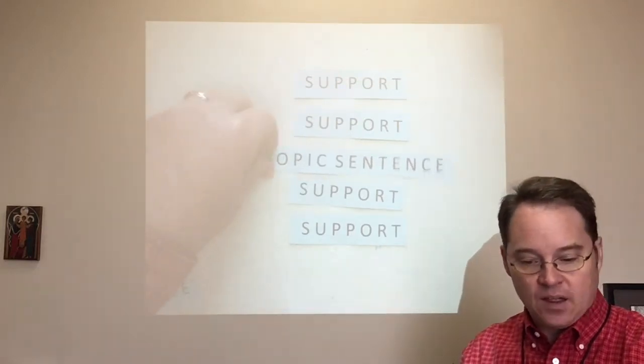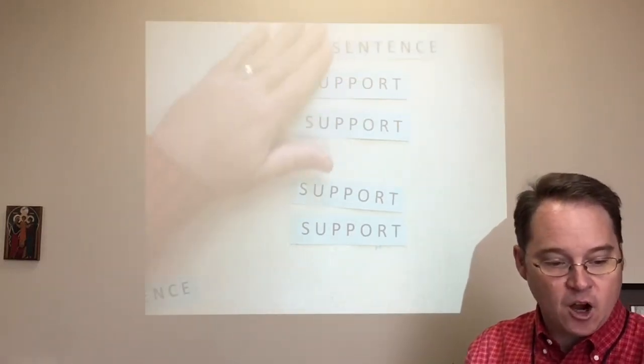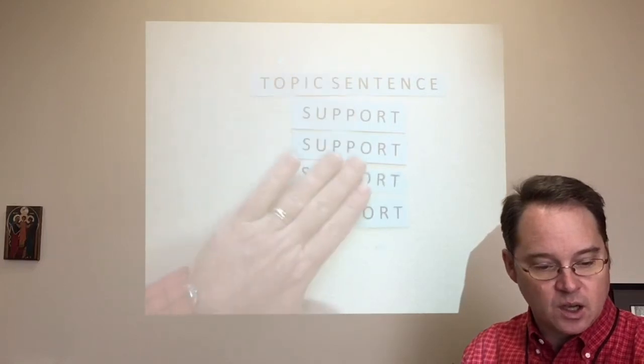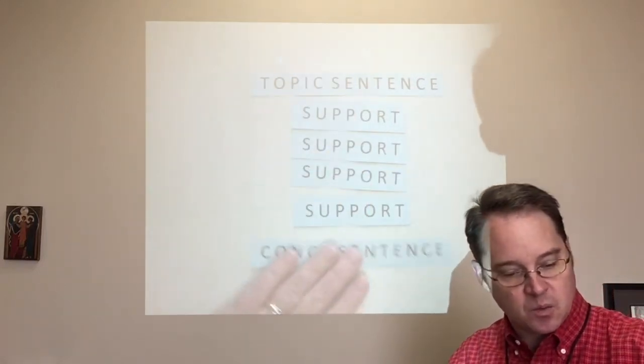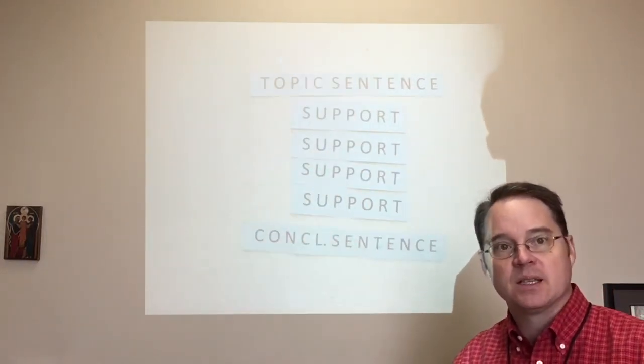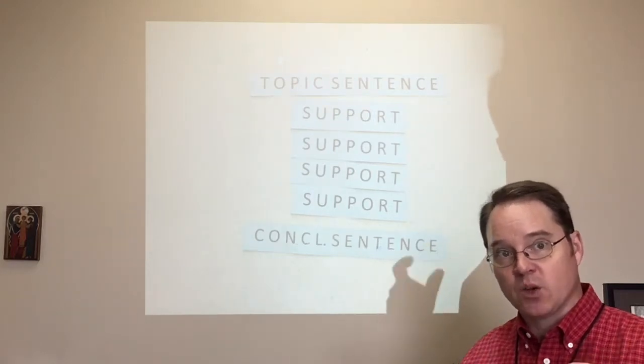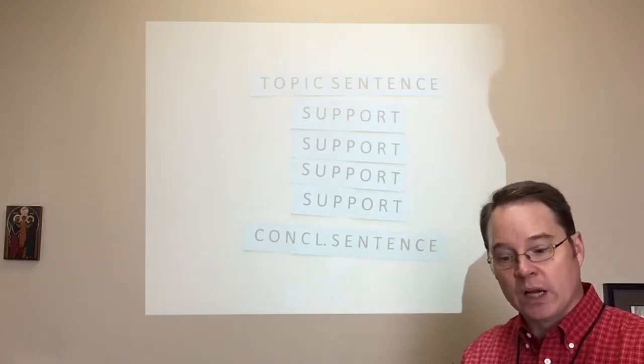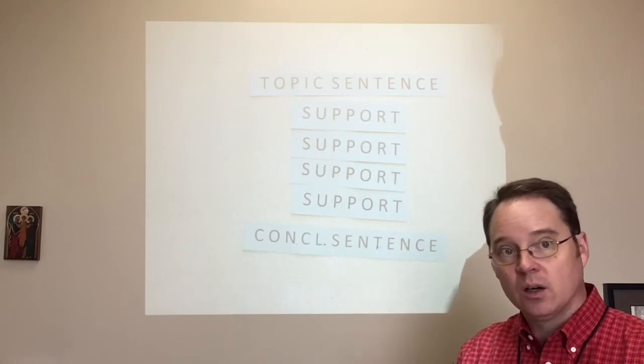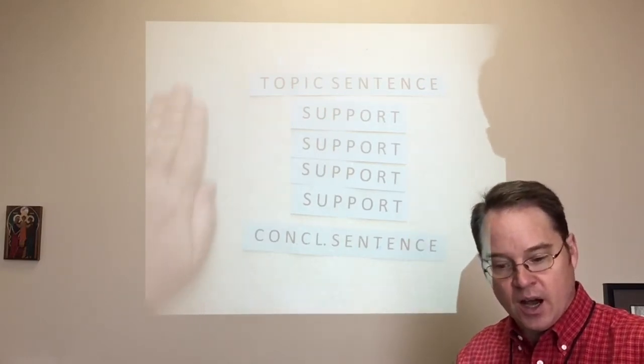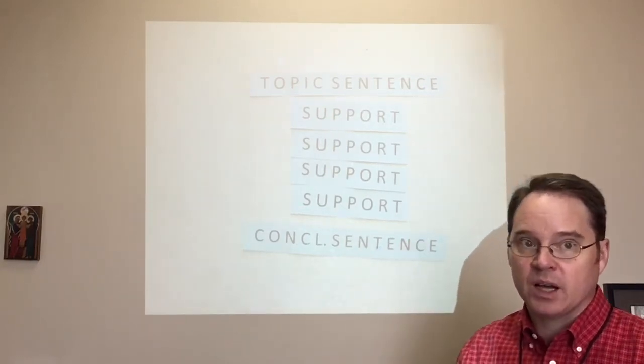Again, the method I always encourage when folks are starting out and building confidence is the sandwich model, so that we can get that really clear structure of the paragraph in place.